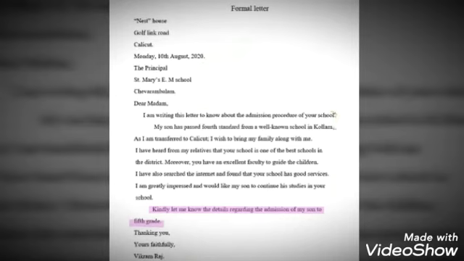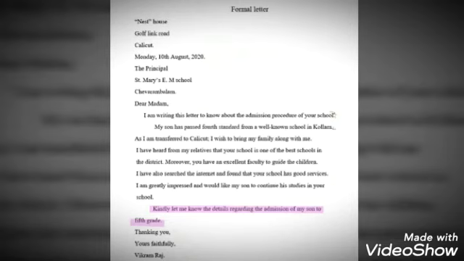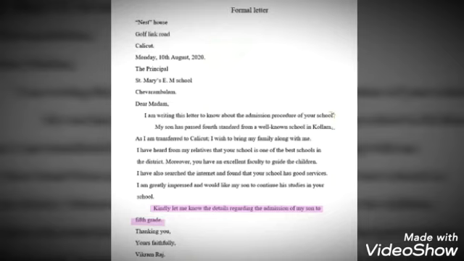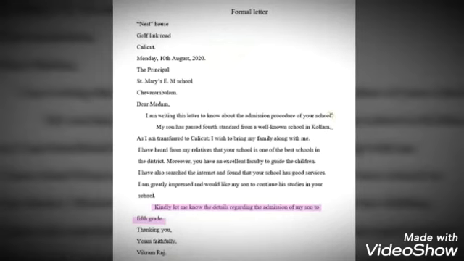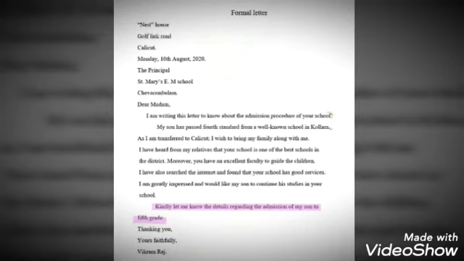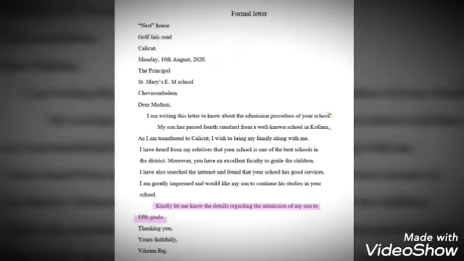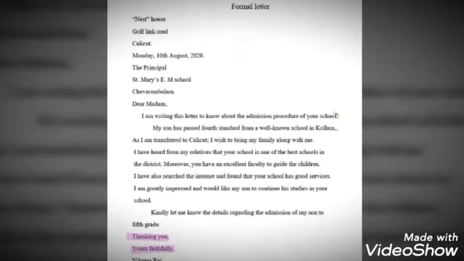In it you need to write the solution or the expected result from you, and that you are waiting for a positive result. After this body part you can write the subscription.